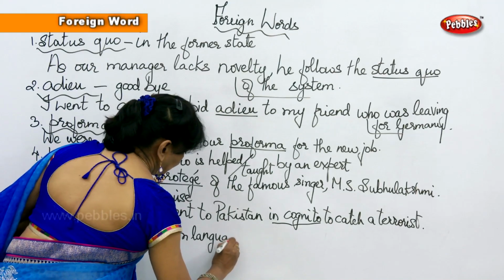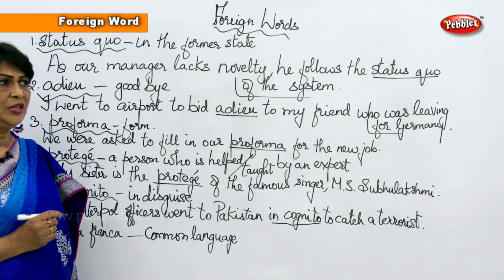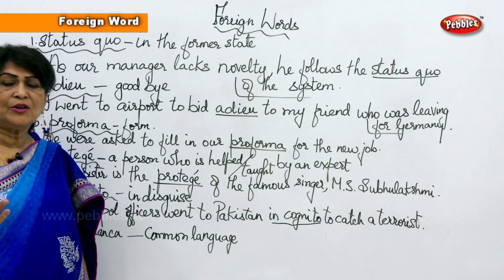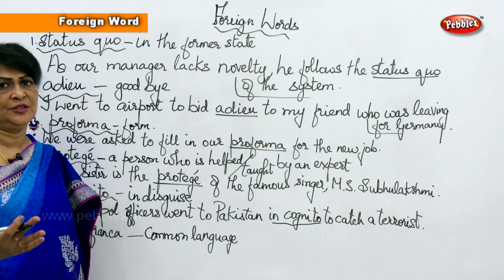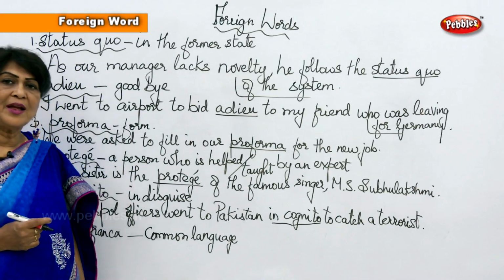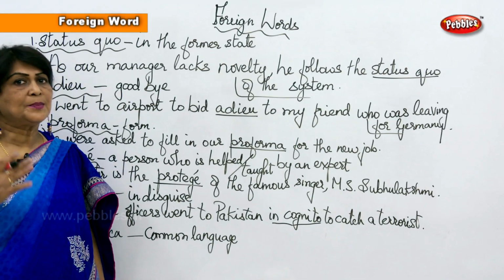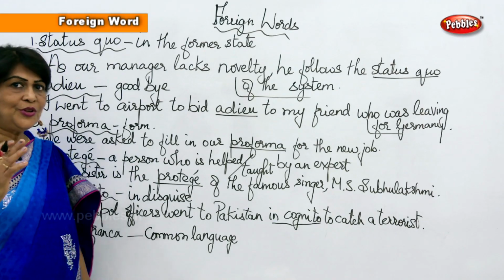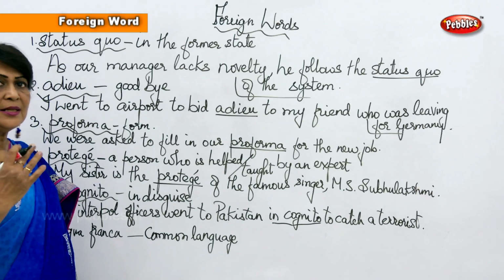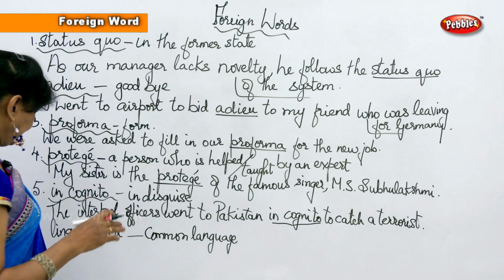What is the lingua franca of the people in US? The lingua franca of the people in US is English. What is the lingua franca of the people in Spain? It is Spanish, isn't it? So, do you understand now the meaning? Lingua franca means it is a commonly used language in a particular place.